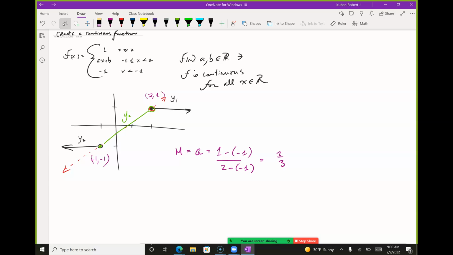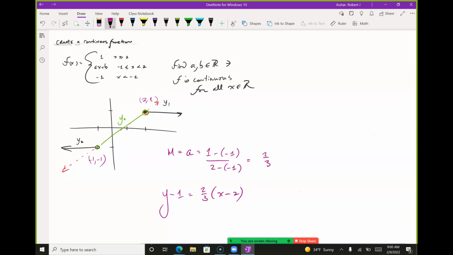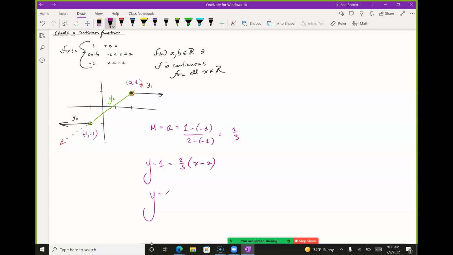Now I want to find the b value. The quickest way to find the b value is just to get the equation of the line, right? So y minus 1 equals 2/3 times x minus 2. I'm using that point without the negatives, right? So I want to simplify this and try to make it look like mx plus b. And it looks like I get 2/3 x minus 1/3. Let someone double check me there.